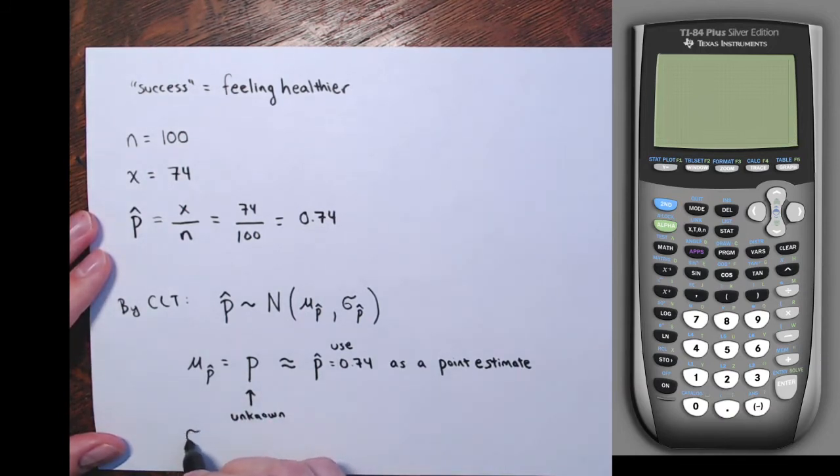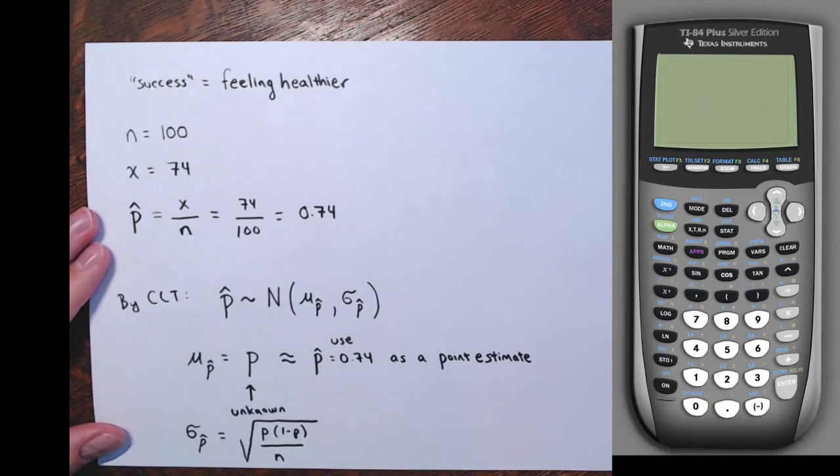And the standard deviation for the sample proportions, sigma p hat, was the square root of p times 1 minus p, divided by the sample size n. But again, I don't know p, the population proportion.